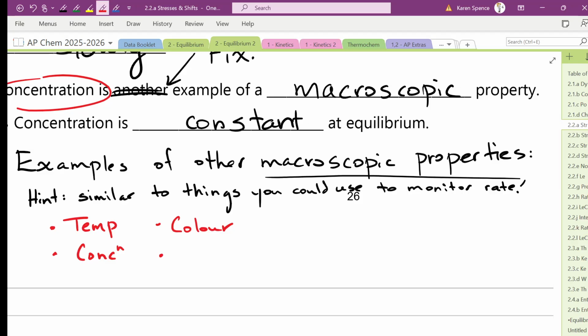Because if I had a system at equilibrium and I shook the container and broke the solid apart, it would still be at equilibrium, assuming there was maybe a gas in there, but it wouldn't change the amount that was in gaseous form, right? Mass, yes.